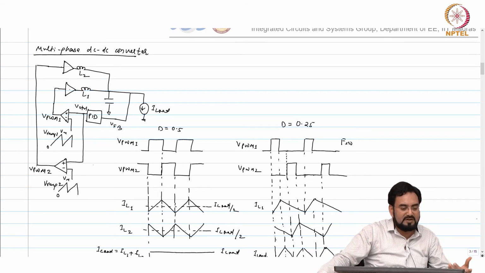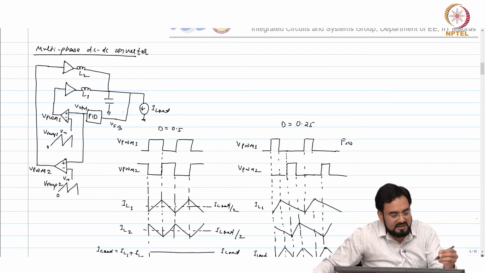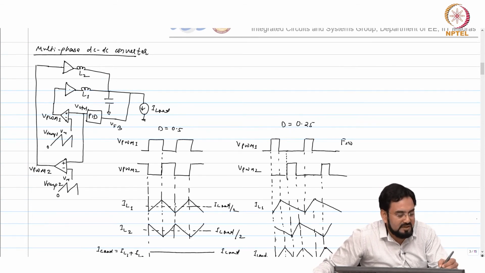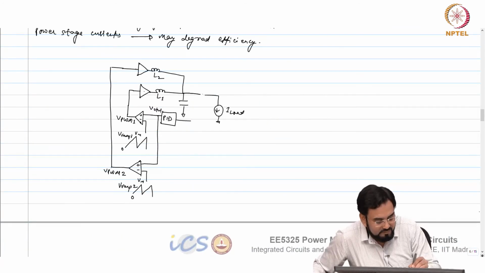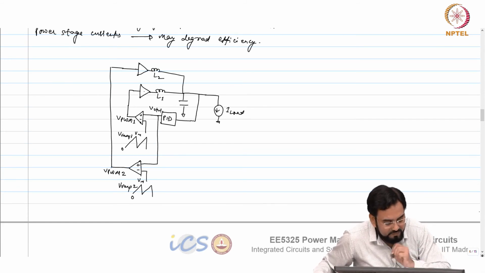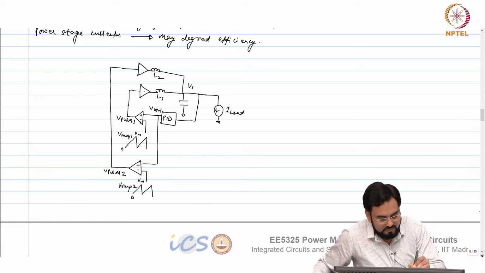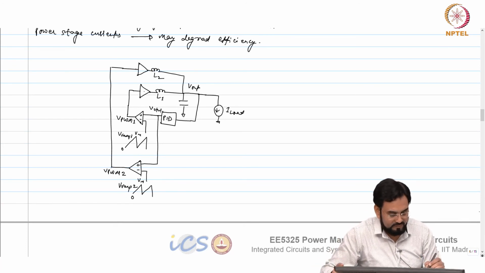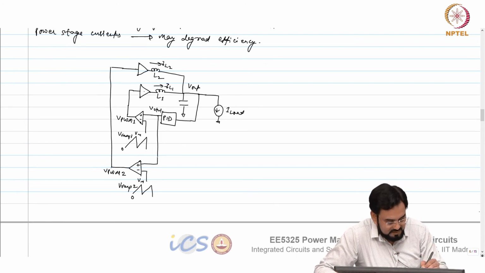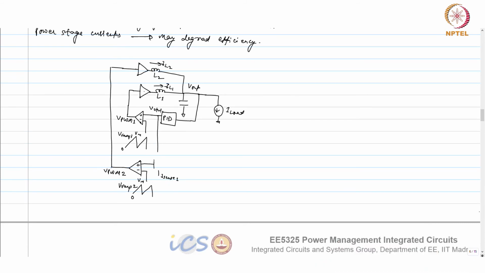So in current balancing, what you do actually, you take this control voltage. Instead of connecting it in common, each one will have, let's say this is IL2, IL1, instead of an adder, let me add some additional control.